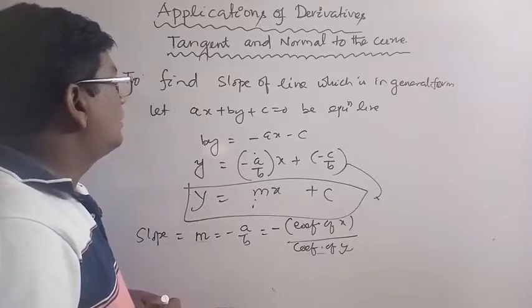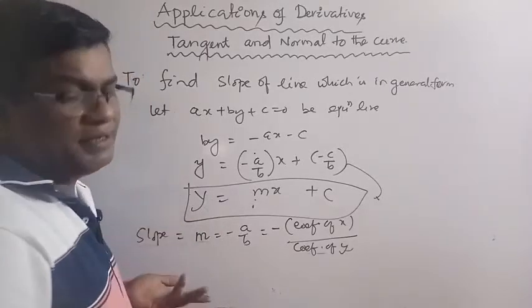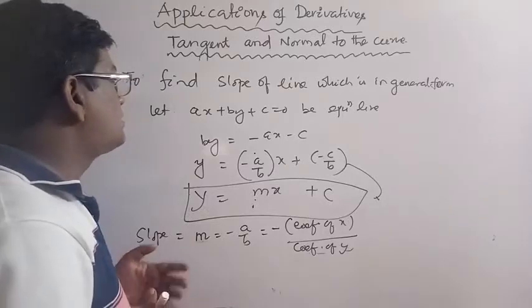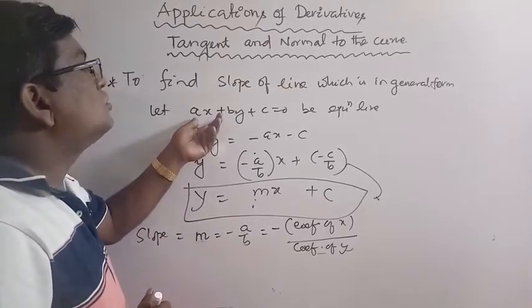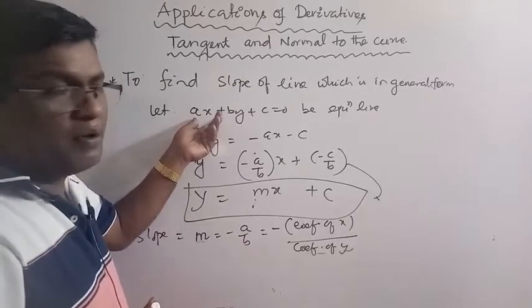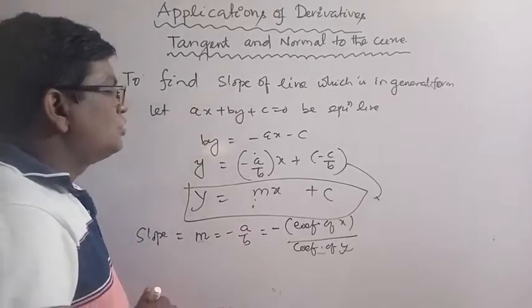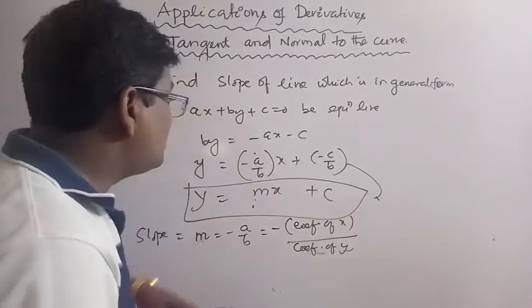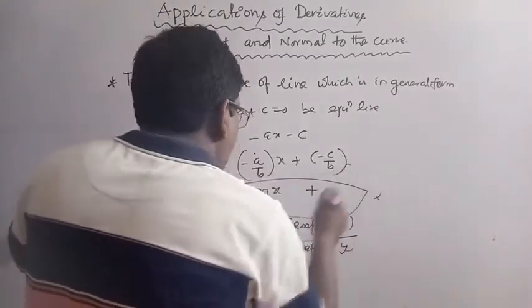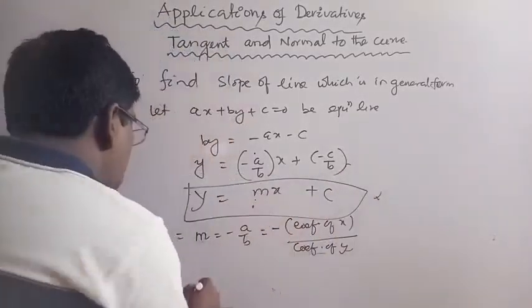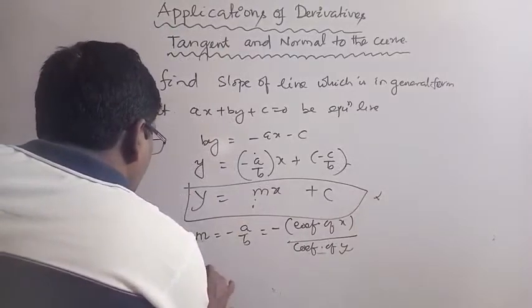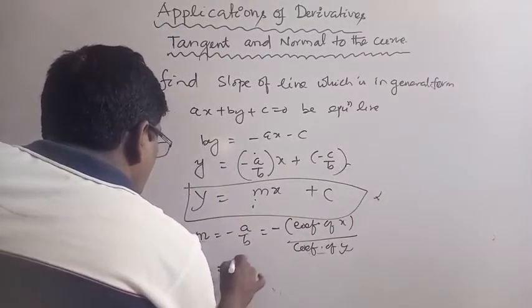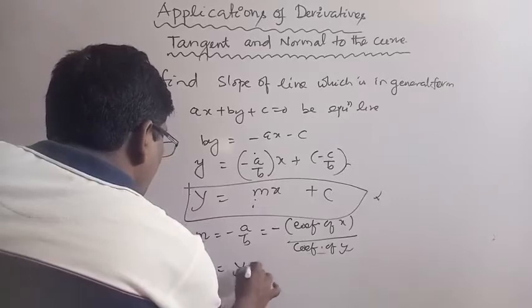Then another concept is how to convert a line from general form to intercept form. Here m is this, and minus c by b is equal to the y intercept.